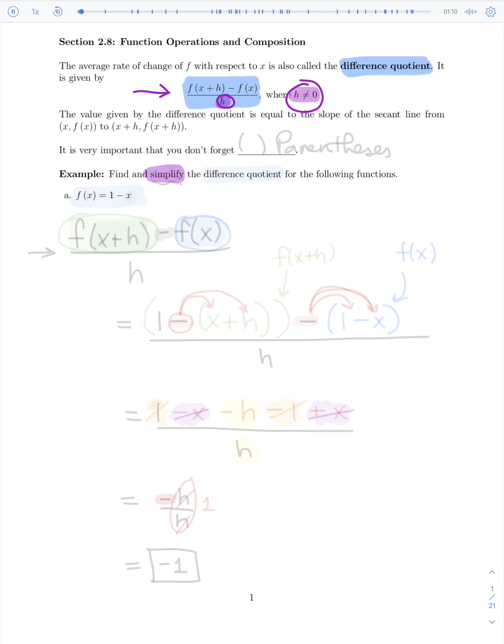That's going to be our key. So beware that we will have to simplify and make sure that the h isn't still in the denominator, at least by itself, when we go to finalize our answer.